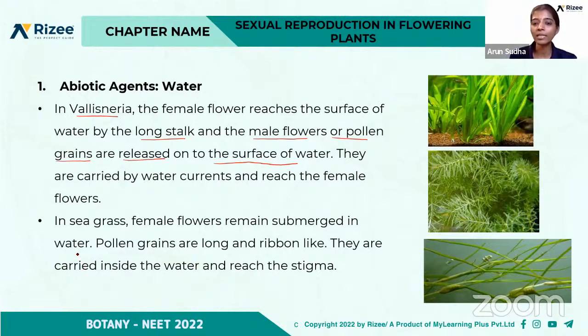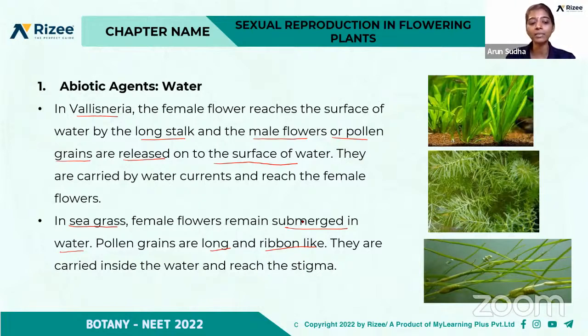But in the case of seagrass, what is happening? These female flowers are submerged in water. So they are present under the water. There the pollen grains are long and ribbon-like. So here in Vallisneria the female flowers come to the surface, but in seagrass the pollen grains are long and they are carried inside the water and they reach the stigma.